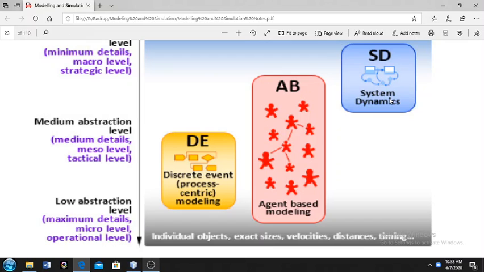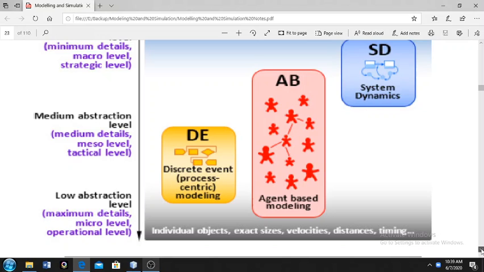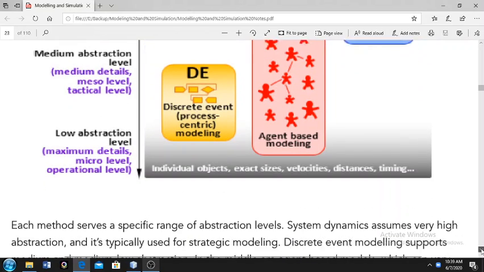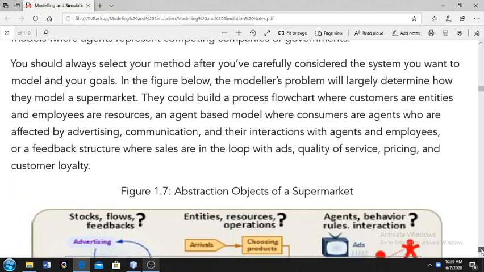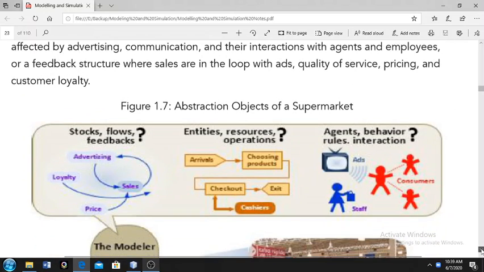Agent-based modeling has a large range of application, from industrial processes to business processes, even to social processes. But when it is too complex, when it's social, highly behavioral, then you use system dynamics.